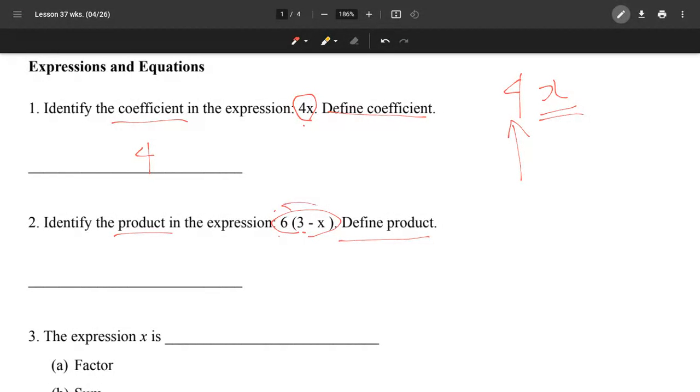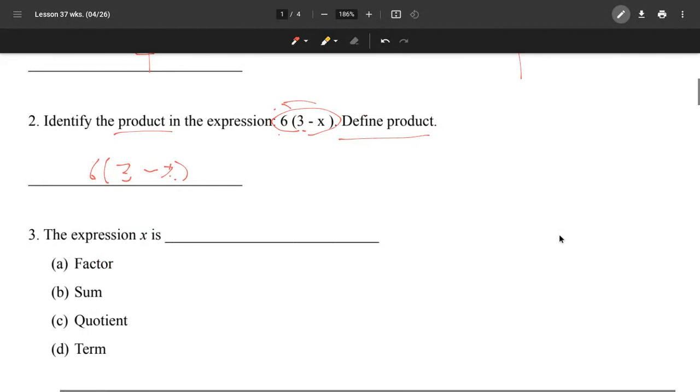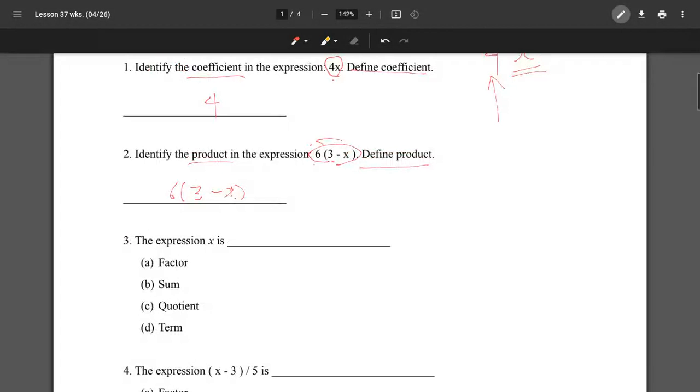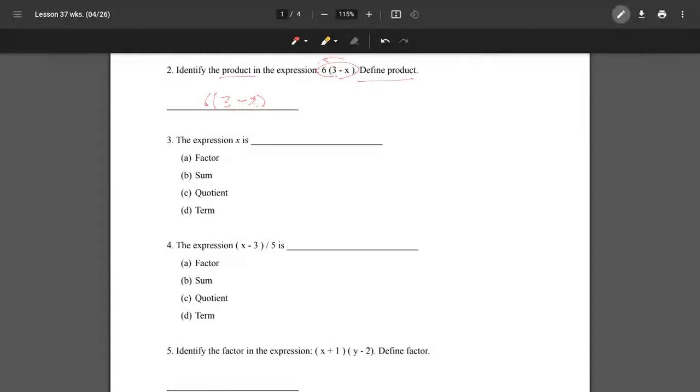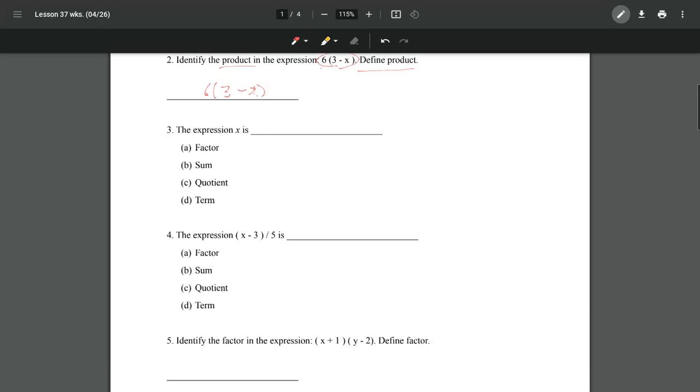You guys could go ahead and distribute it if you want, but we could just leave it at that and say the product in the expression 6 times 3 minus x is 6 times 3 minus x. Okay? So that's it for number 3, 4, and 5. Identify and define.